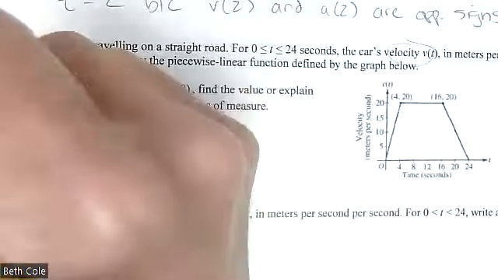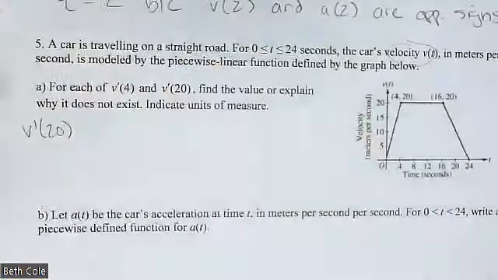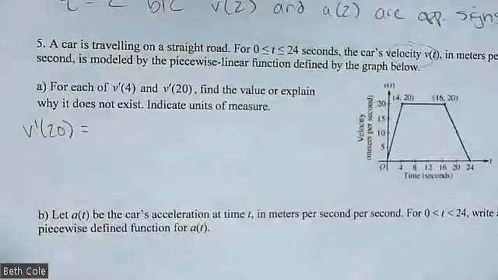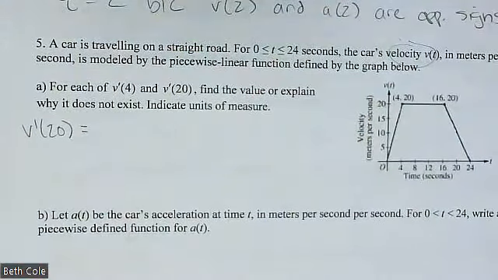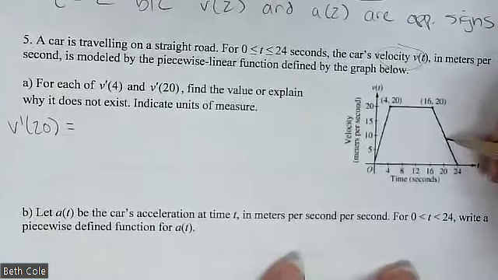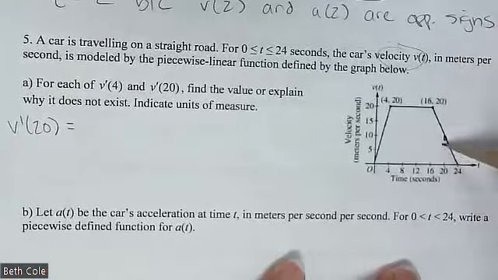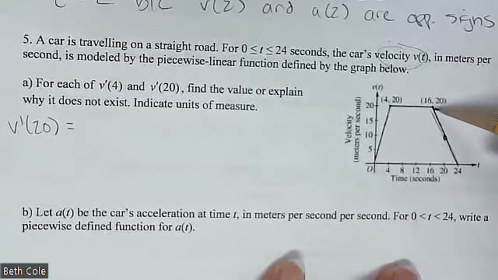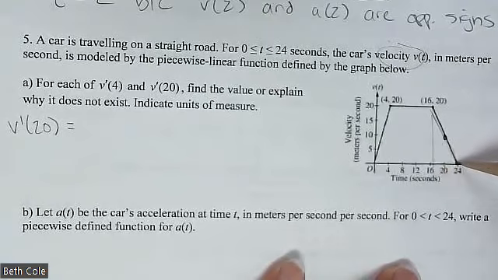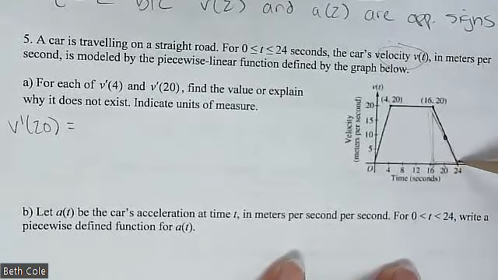I'm actually going to do the v prime of 20 first because that's the easier one. Like, we'll actually be able to get an answer for that. Derivative means slope. So here's 20. You're going to kind of just have to watch me point to it. Here's 20. We want the slope of this line. So it goes down 20 and over from 16 to 24, 8.